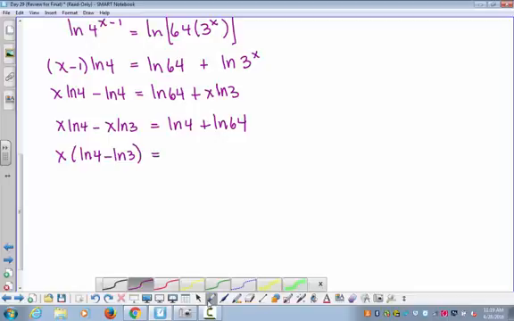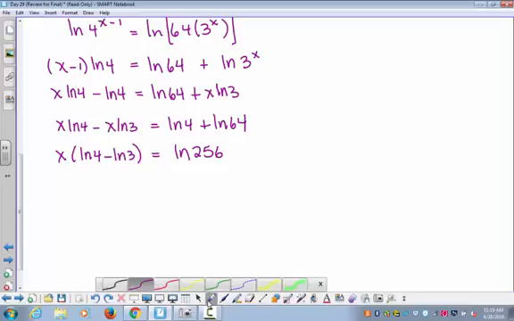On the right, is there anything we could do? The natural log of 64 could be 3 natural log of 4. You just multiply. Over here? Yeah. Yep, you could combine those in a number of ways. Because it's addition, you could say that's 4 times 64.